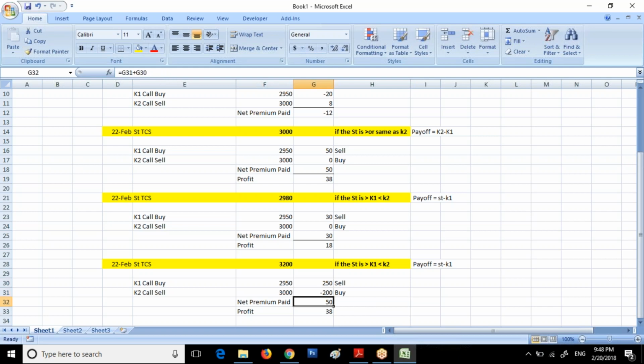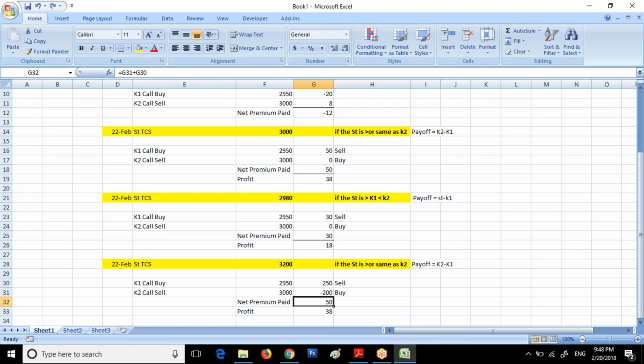The difference, 50, is my net payoff. If the price is greater than or the same as K2, your payoff will always be K2 minus K1, so that would be 50 only.